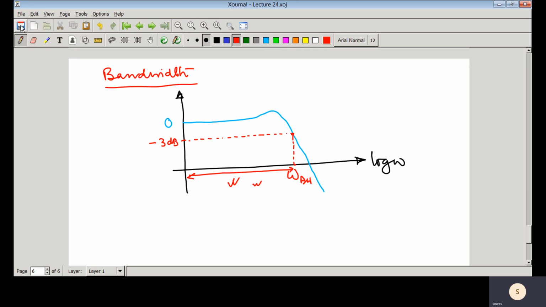So the formal definition of bandwidth is as follows. The frequency range, here what is that frequency range? That is 0. Whenever you draw the Bode plot, this frequency tends to 0, like 0.01, 0.001, it is in log scale.